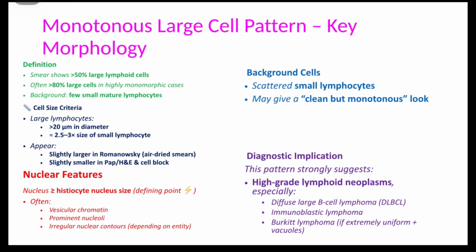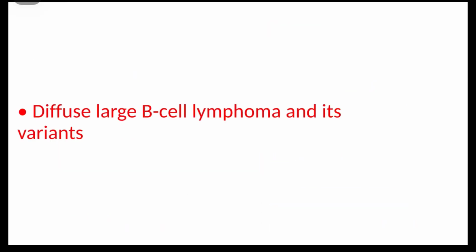Now, diagnostic implication: it suggests high grade lymphoid neoplasms, especially DLBCL, immunoblastic lymphoma and Burkitt lymphoma if we can find extremely uniform cells and presence of vacuoles. So, let us see all the entities one by one.